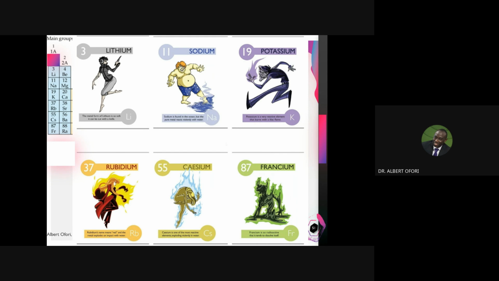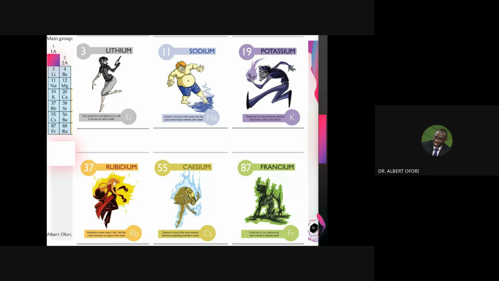When you fill the bottle, you feel hotness. It's an exothermic reaction, so it produces that heat. So sodium, in its pure state, will react violently with water.